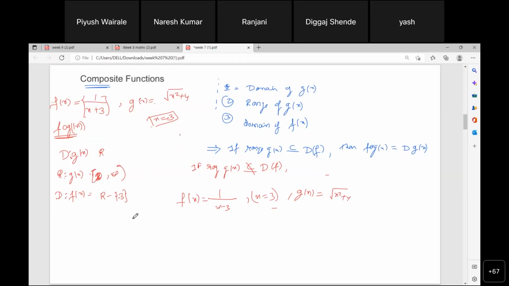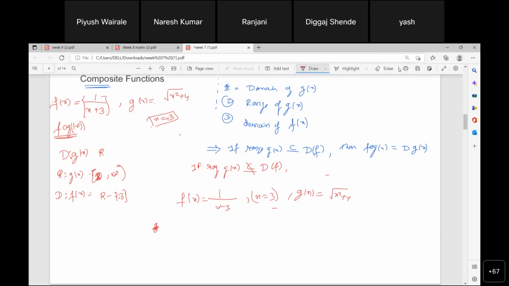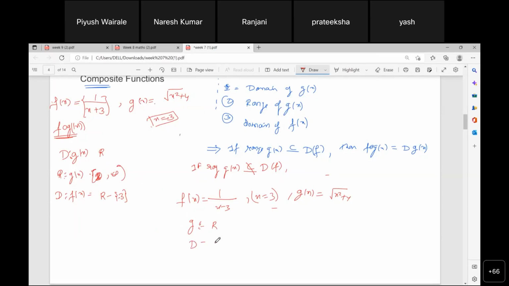So what will be the domain? Here we have to find out the domain of f and the domain of g. What is the domain of g here? Domain is 2 to infinity?